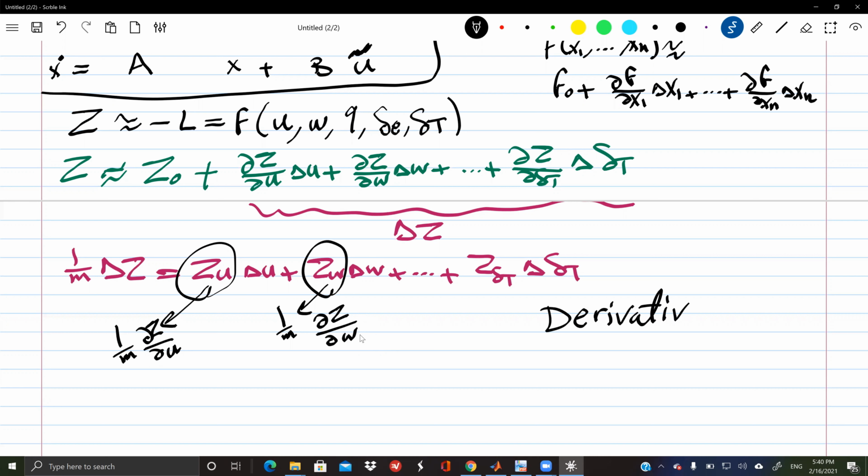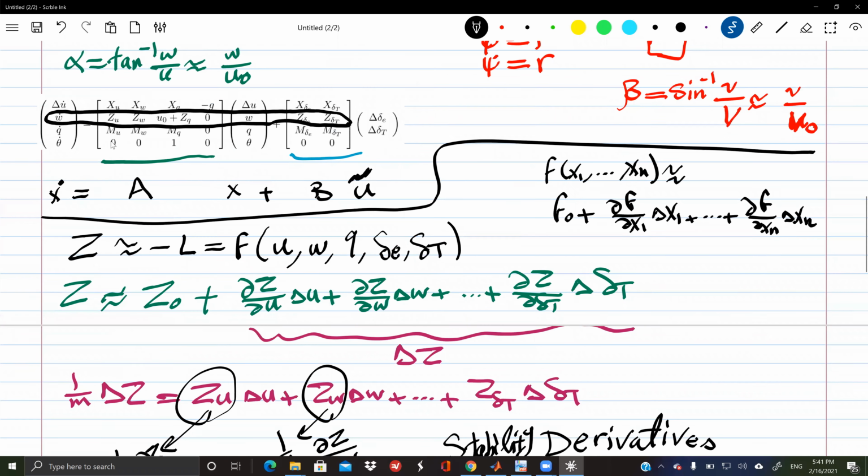But because they play a decisive role in determining the stability of the airplane, they are really called stability derivatives. So if I want to choose a name for them, I'm talking now about ZU, ZW, Z thrust, all of them, MU, MW, MQ, XU, XW, whatever.